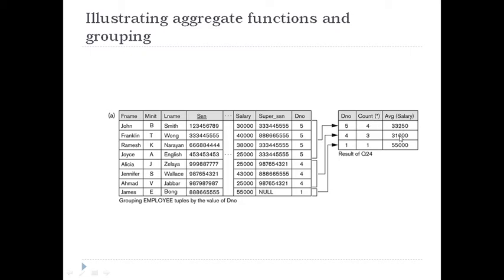So average salary will be calculated on this salary attribute, and in department 1 only 1 tuple is there, so it will apply average on only 1 tuple. So you can see here 55,000 is the result of this group, like average salary of department 1.